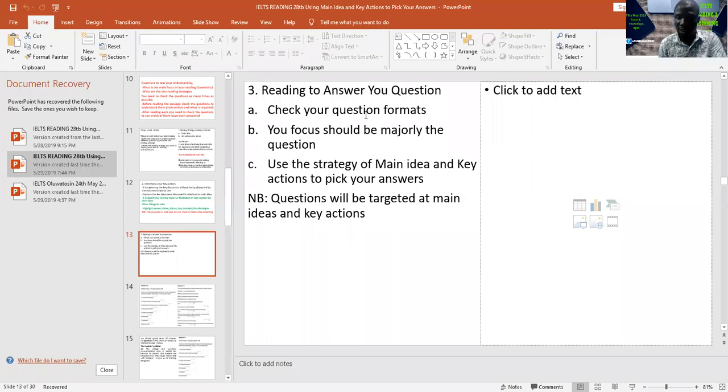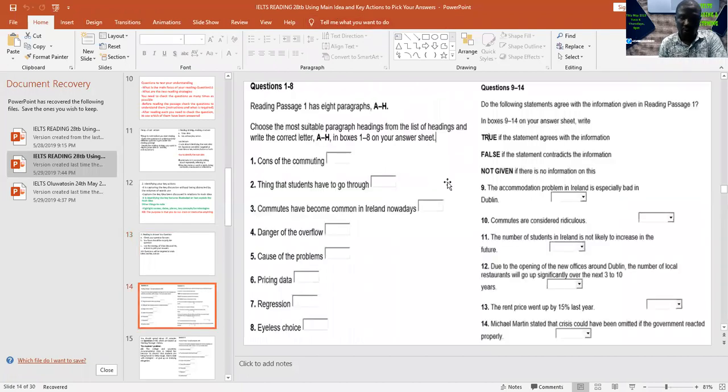That's the first thing, because you need to go into the exam with a strategy that allows you to spend less time and pick your answers with ease. Okay, so that's the first thing. In the last lecture I was on this before the network came and interrupted.